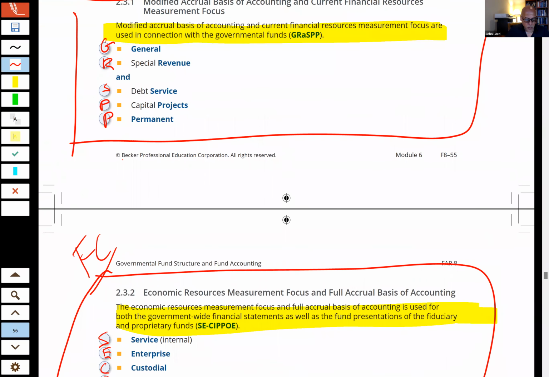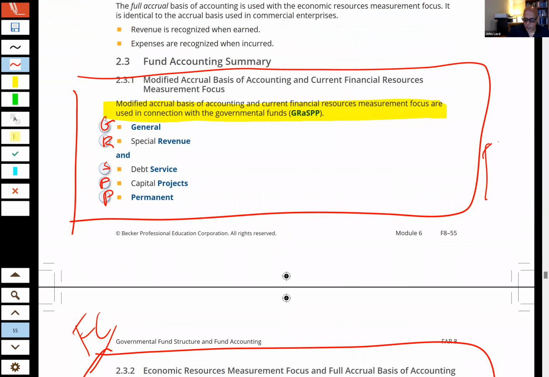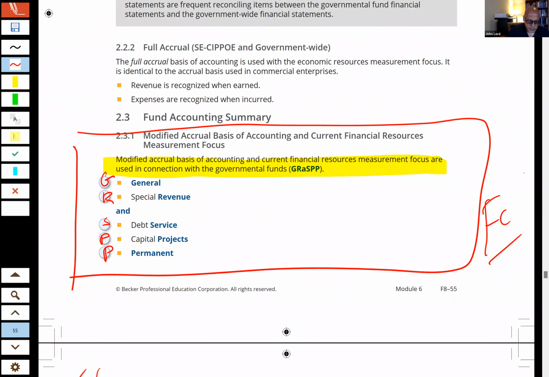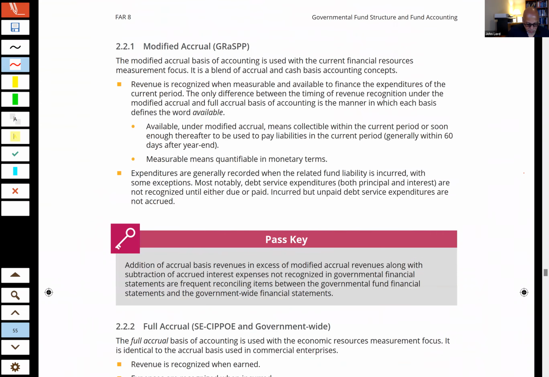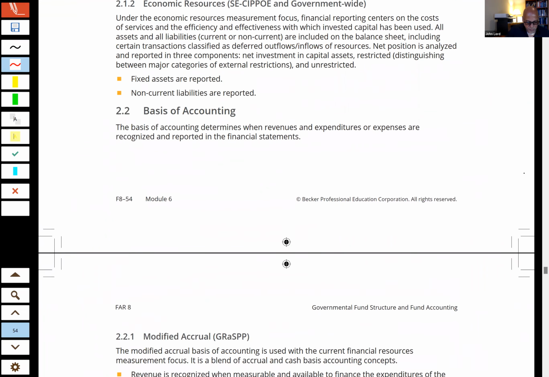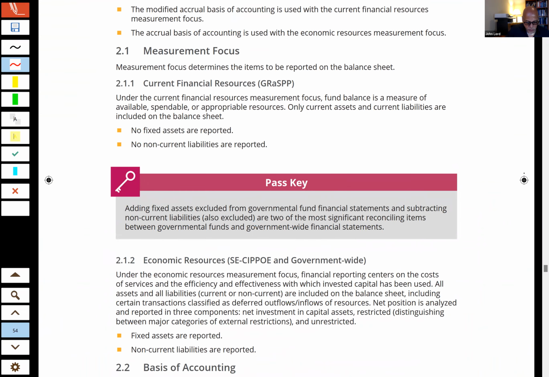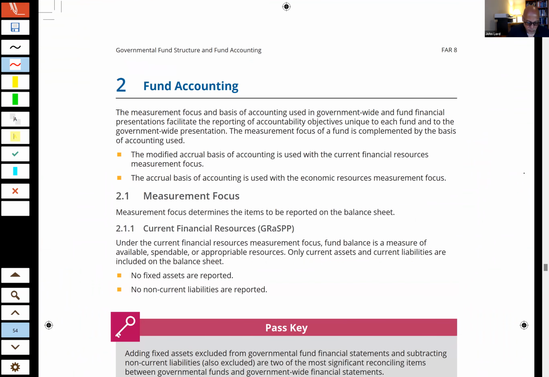Okay, good. So make these into flashcards or look through your Becker flashcards to make sure you have something like this. And then with the time that we have left, I want to try to get us through some of this other stuff that I went past, okay? Which is what happens with this current financial resources measurement focus.